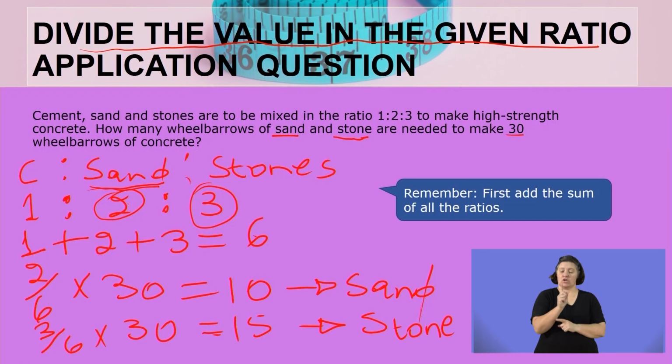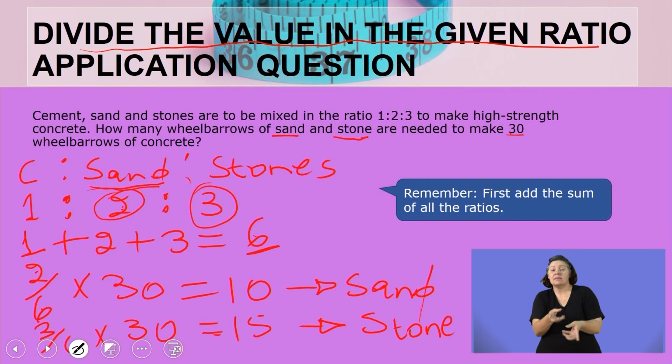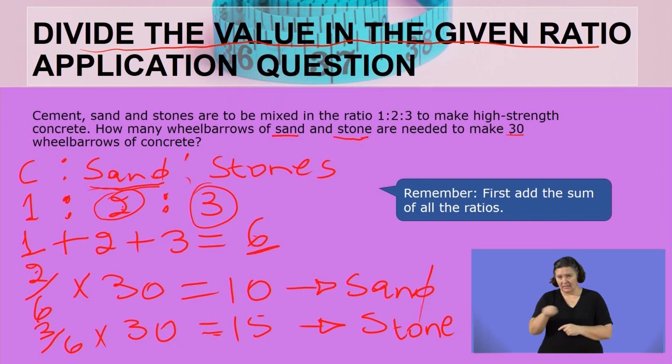Like in the first case, it was sand, and the proportion of sand is 2, and you divide 2 by the sum that has been calculated. You multiply by the 30, which is the total given, and the answer we got is 10. And then secondly, it was for the stones, 3 divided by 6 because the proportion of stones is 3, and we multiply by 30 and we get 15.